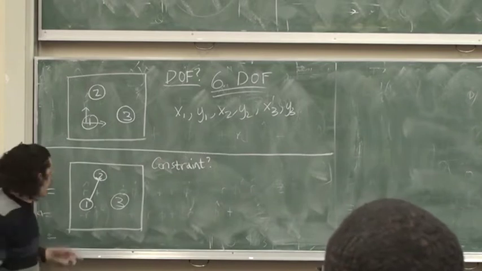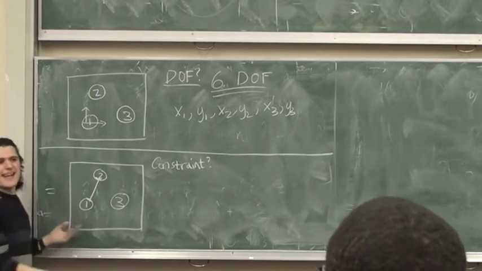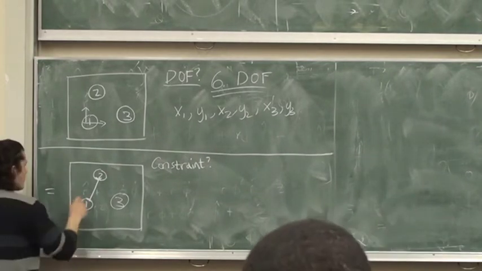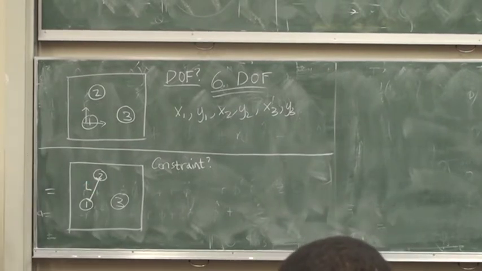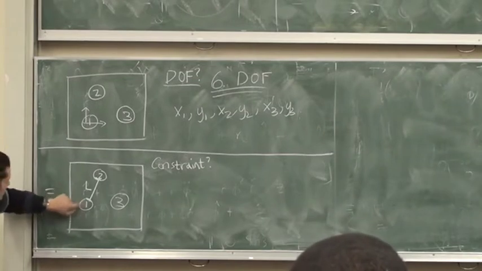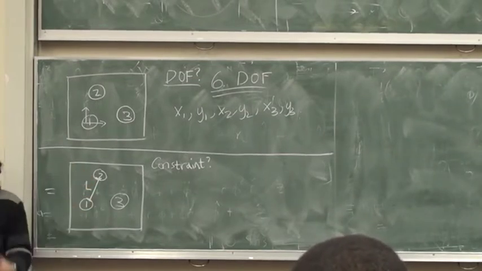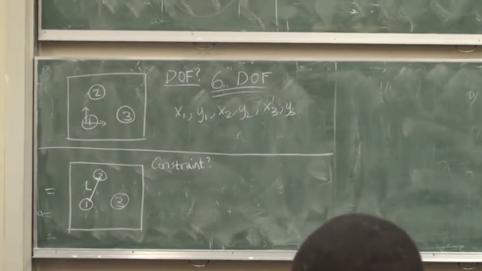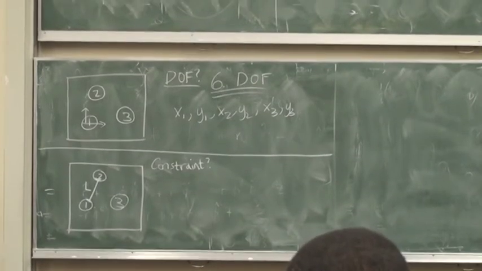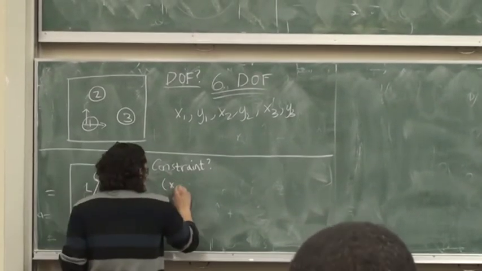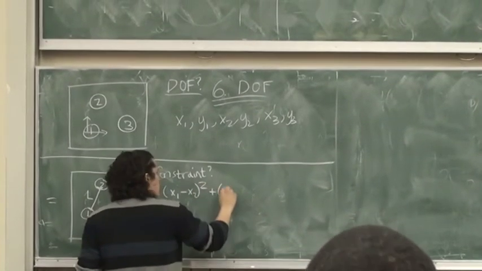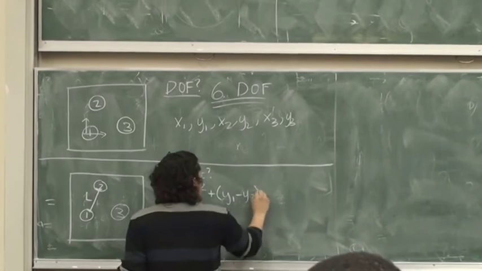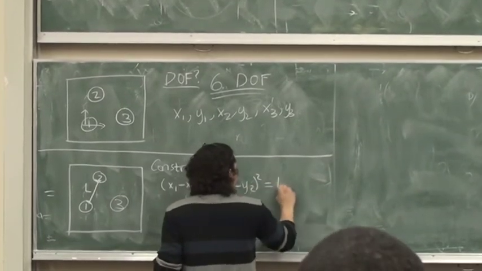The constraint said, let's say that this pole has a length. And let's call that length alpha. Right? So the constraint says that the distance between particle 1 and particle 2 is always going to be alpha, because there's a pole between them. So the constraint says (x1 - x2)^2 + (y1 - y2)^2 = L^2.